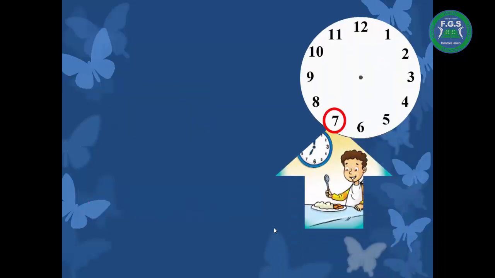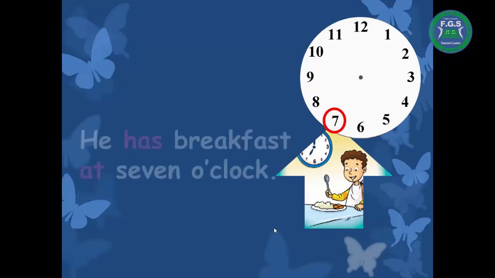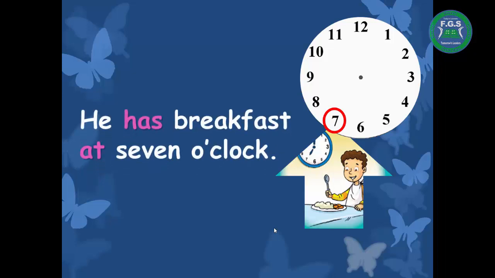Okay? As you can see, what can you see in picture number 2? Do you remember this picture? Yes, that's right. Have breakfast. When we want to talk about him, we will say he has breakfast at 7 o'clock.